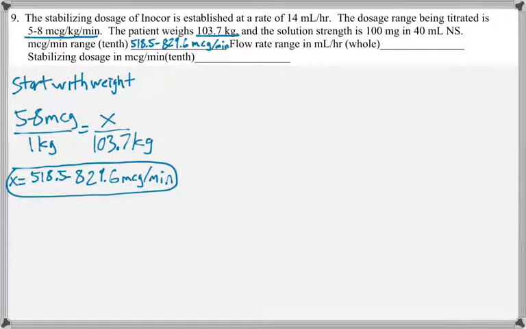So we have the range in microgram per minute, and they want us to find the range in milliliters per hour. So I need to set up this answer in a proportion with the solution strength. So the solution strength is 100 mg over 40 ml.